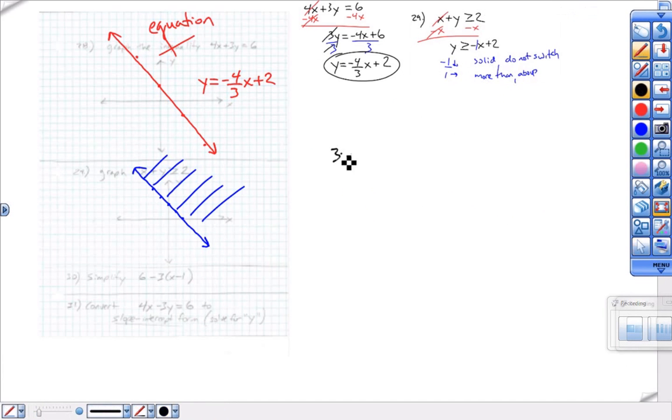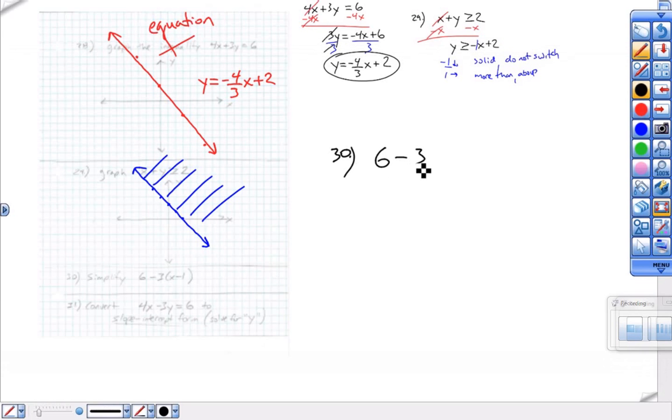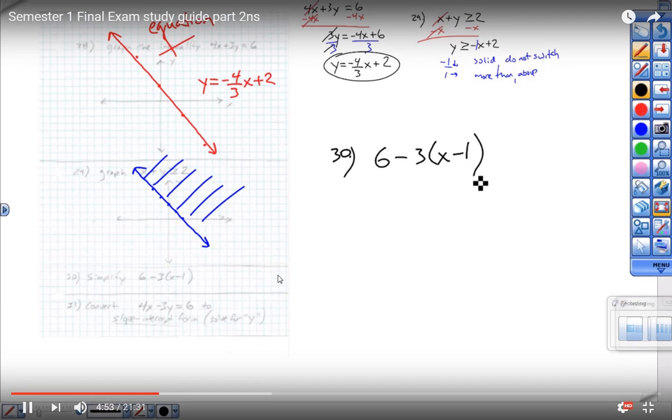On number 30, I'm going to have you distribute and then combine like terms. So I'm going to take that 6, leave that 6 alone. I'm going to take that negative 3, and I'm going to distribute it. So here we go. So 6 minus 3, x minus 1. I'm going to take that negative 3 and multiply by both x and negative 1.